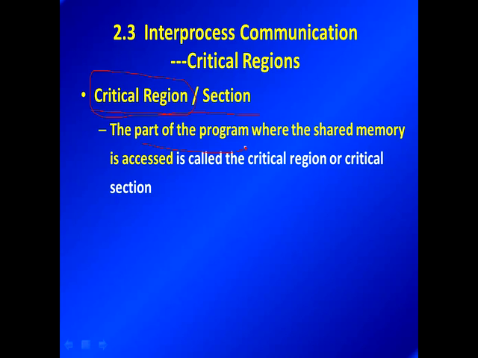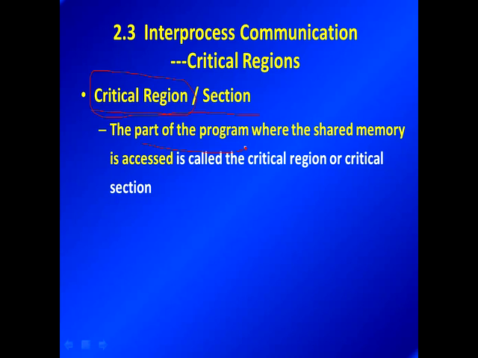And after you finish all the access behavior on the shared data or file, you can draw an abstraction line after that instruction. And between these two lines, there is a critical region for this process.